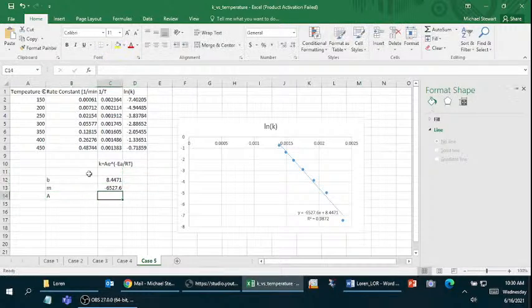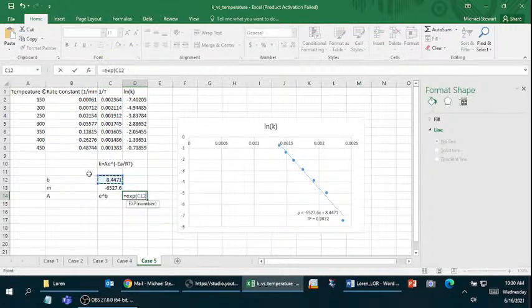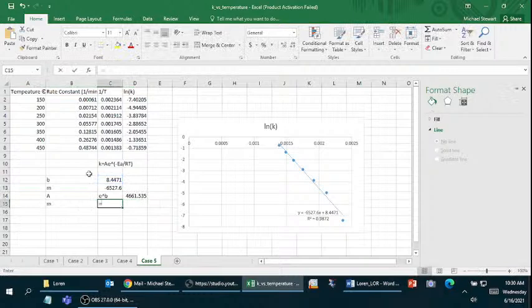So your pre-exponential factor is e to the b. It's just going to be the exponential of that number. Your slope is minus EA over R.